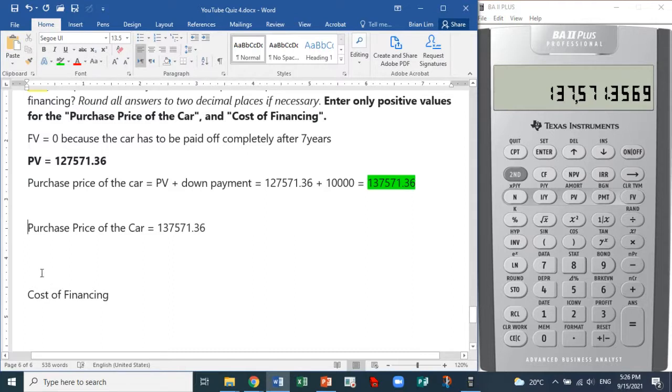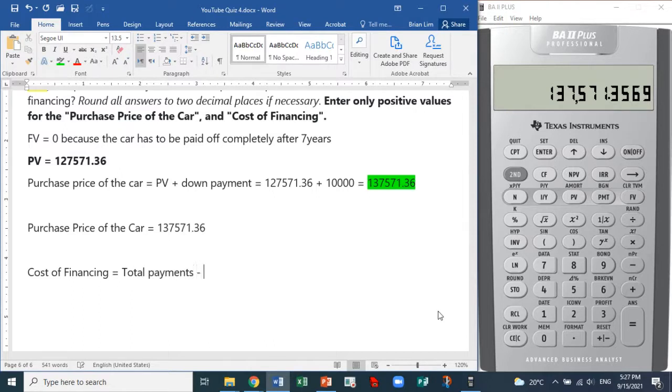Well, you finance the car, it was really the loan that was paid. So that would be what? The present value was 127. This is the present value here. So the cost of financing is really the total payments minus the present value. If cost of financing is for the loan, it is not the down payment.